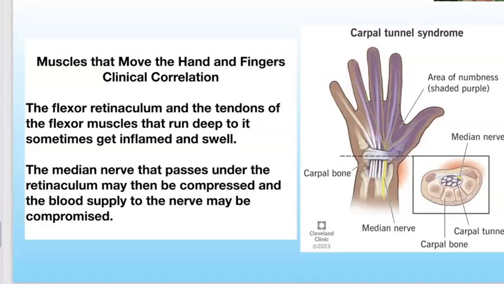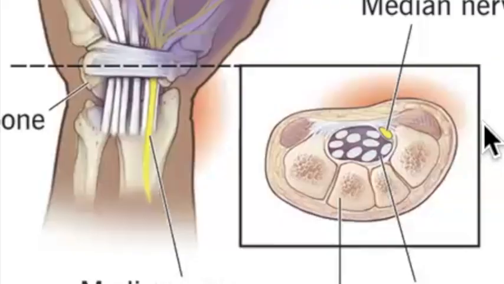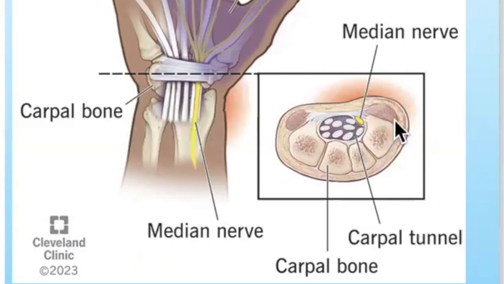And you can appreciate by looking at the picture, in the little cross section, that there are all of these tendons running through the carpal tunnel, and there's the flexor retinaculum on the anterior of the wrist joint, holding everything down. And then in yellow, there's the median nerve.